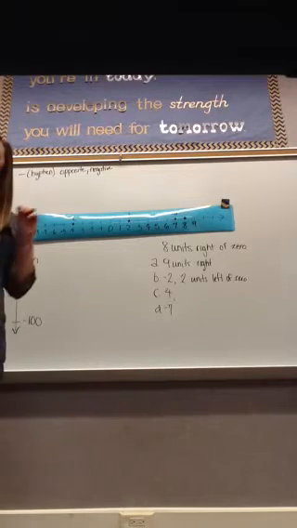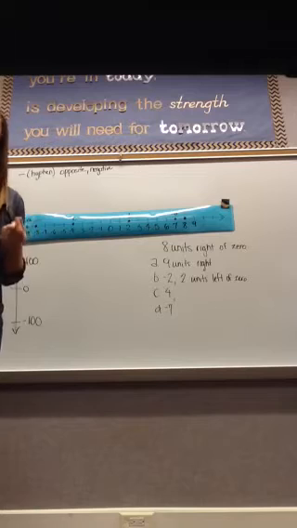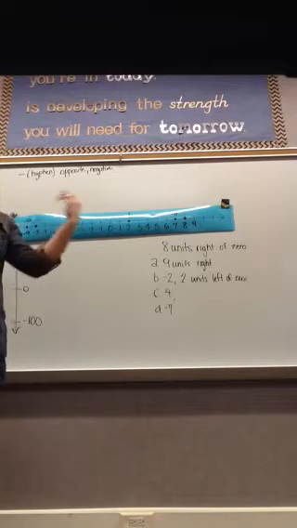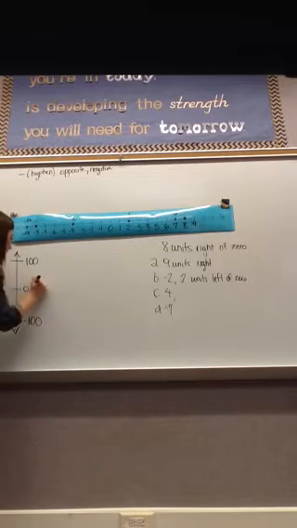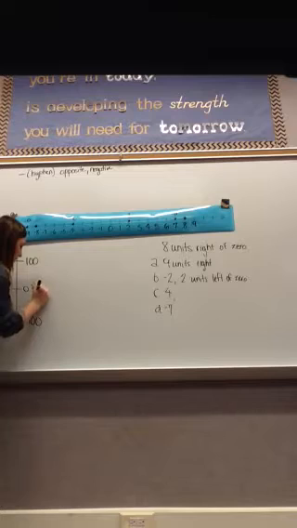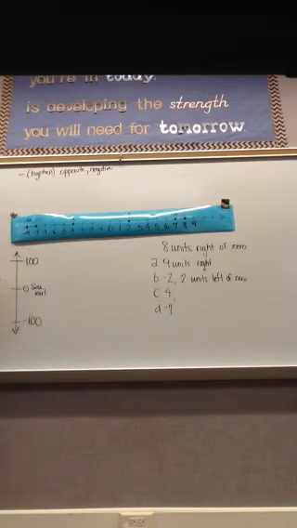So now we have to go back and look. What is the label for this number? 100 feet above sea level. So this is 100 feet above what? Sea level. So in this case, 0 represents sea level.